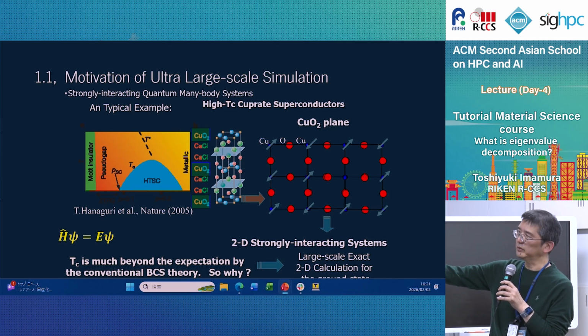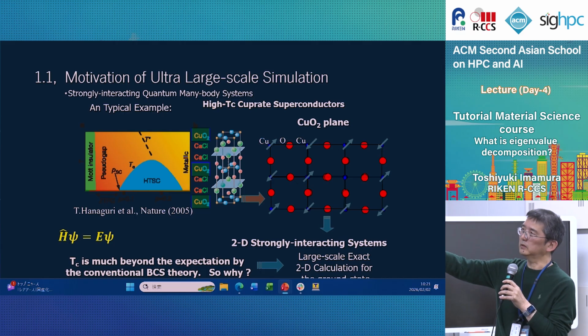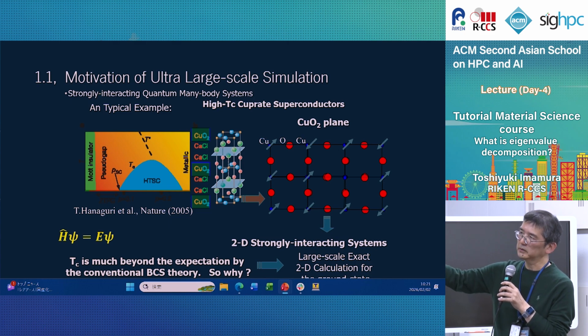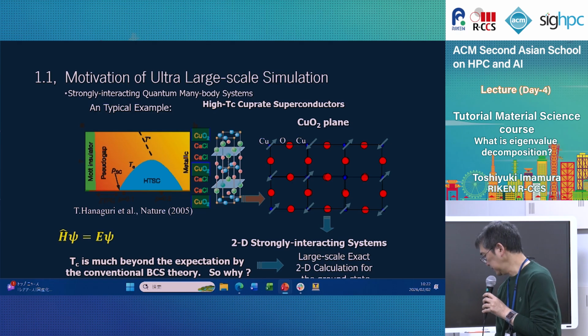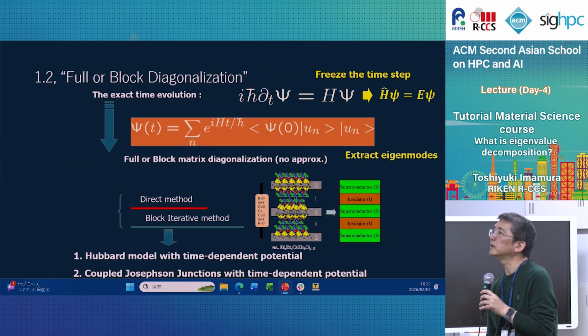So we simplify the whole physical problem onto a very simple model that we can simulate or solve on current supercomputer systems. The governing equation is an eigenvalue problem like this.